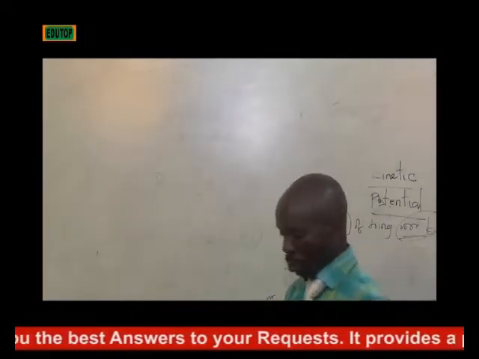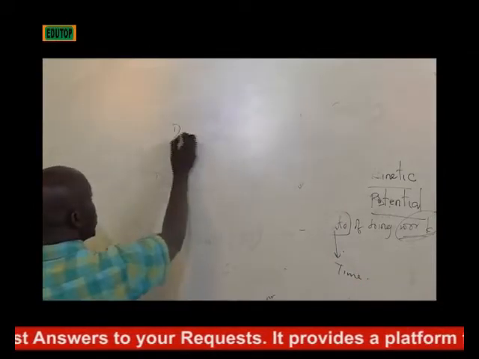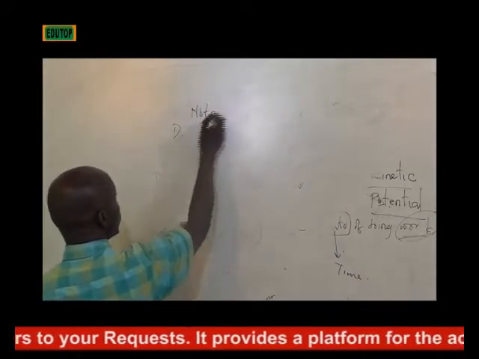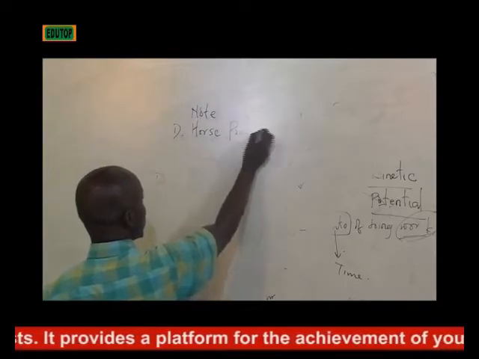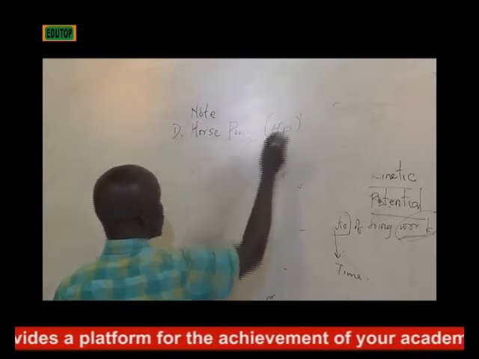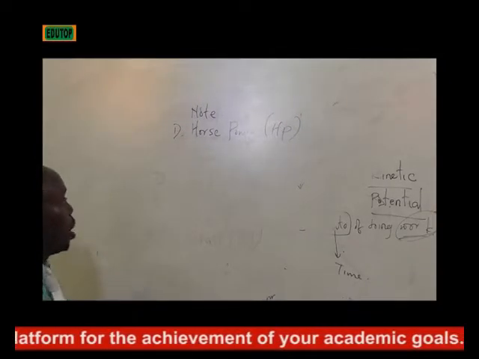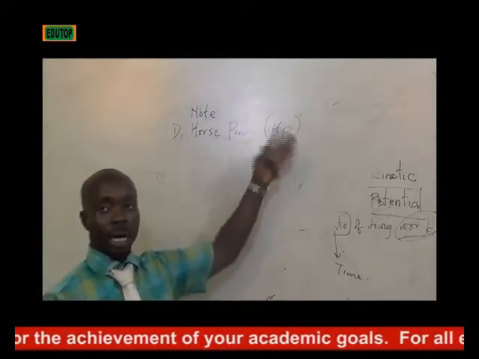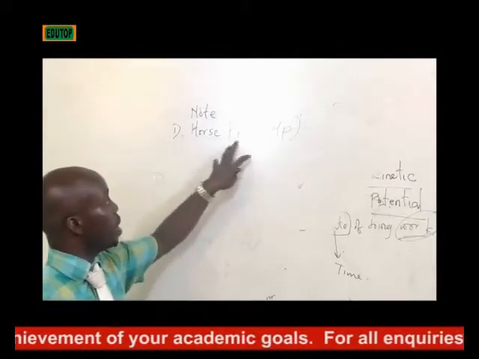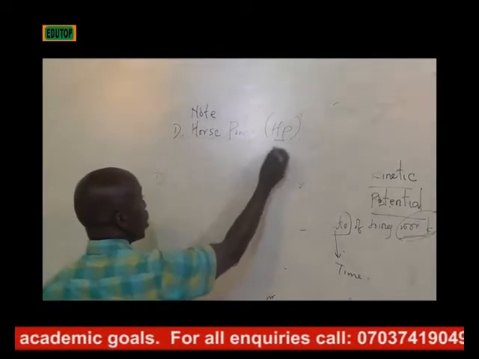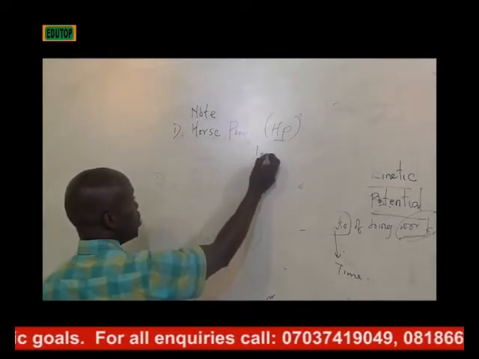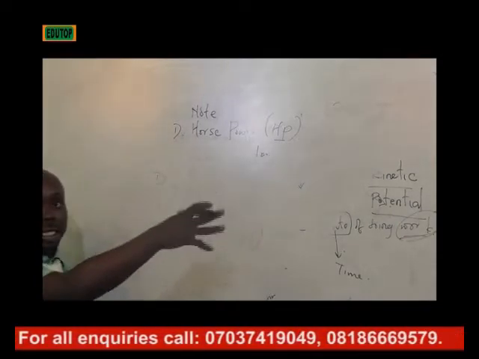Number one, there is what we call horsepower. Let me put it here. Note number one, there is what we call horsepower, HP. What is horsepower? Horsepower is just a phenomenon that has been coined out by scientists to make people differentiate layman language from scientist language.